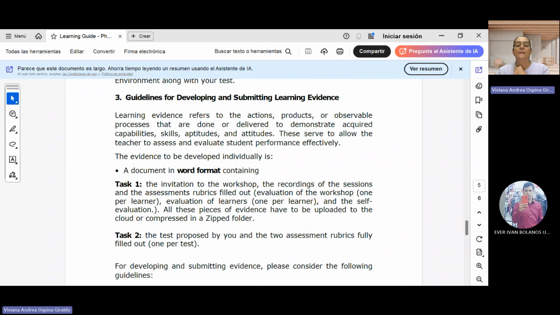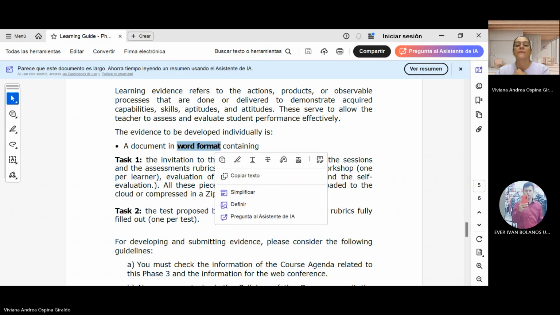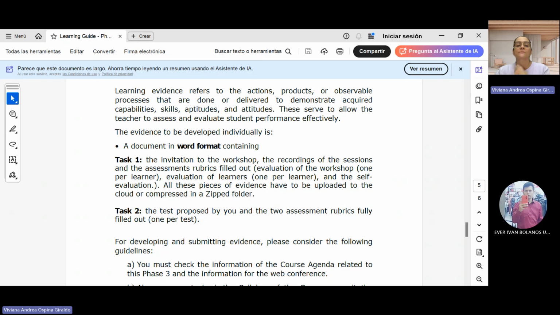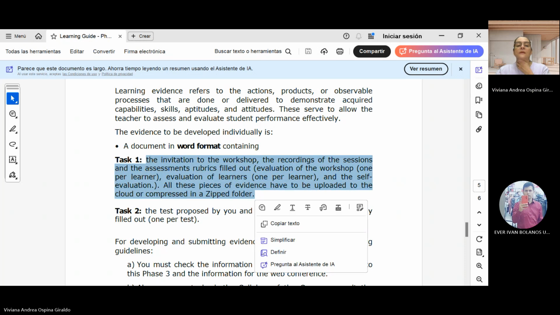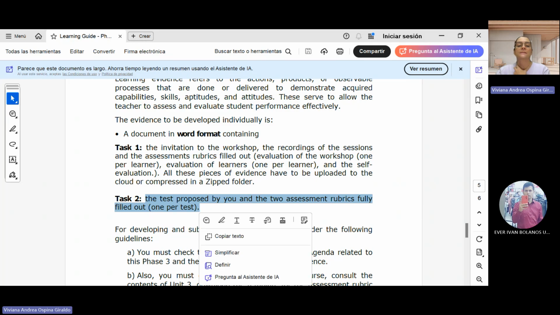Entonces, ¿qué tengo que entregar? Voy a entregar un documento en Word. This activity is individual. Task 1 that contains all these things. Task 2, the test proposed by you and the 2 assessment rubrics fully filled out, 1 per test.